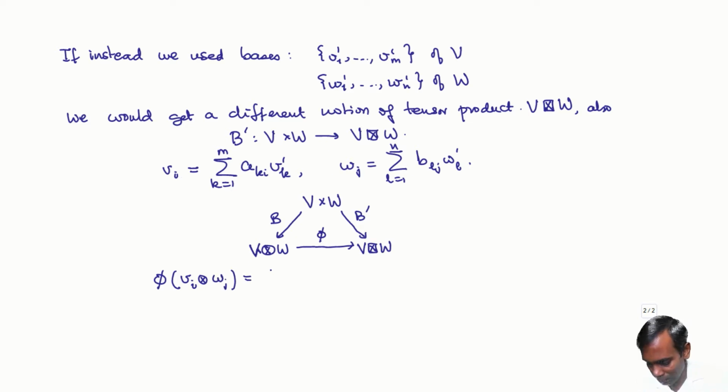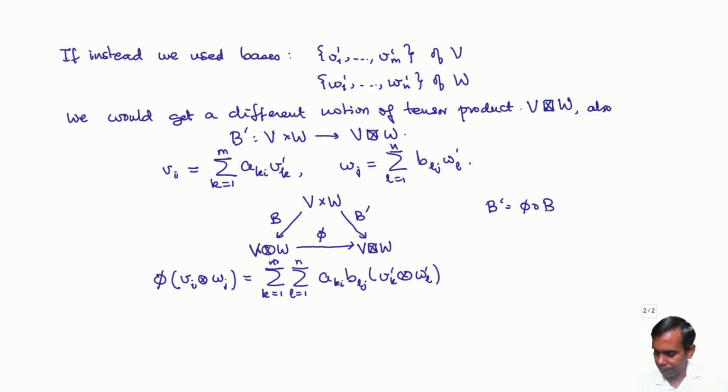It's just going to be the sum over k equals 1 to m, l equals 1 to n, of a_ki b_lj v_k prime tensor w_l prime. This is sort of forced by requiring that B prime is phi circle B.